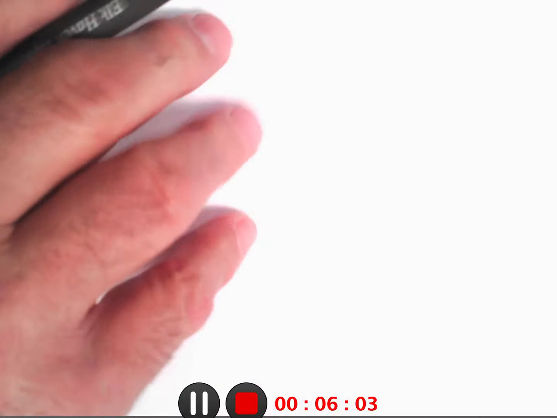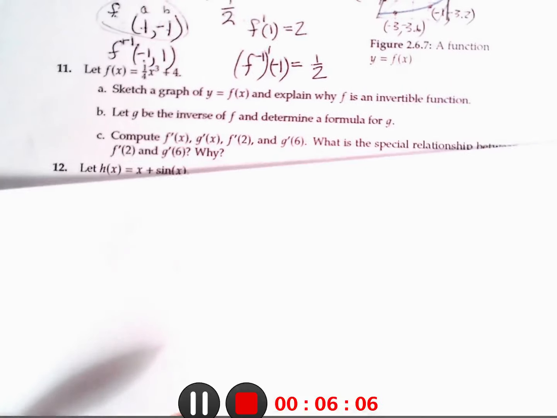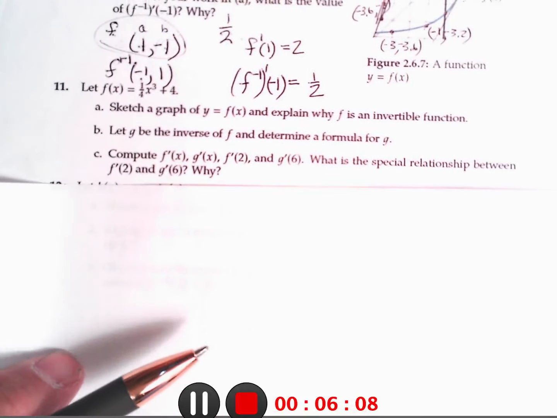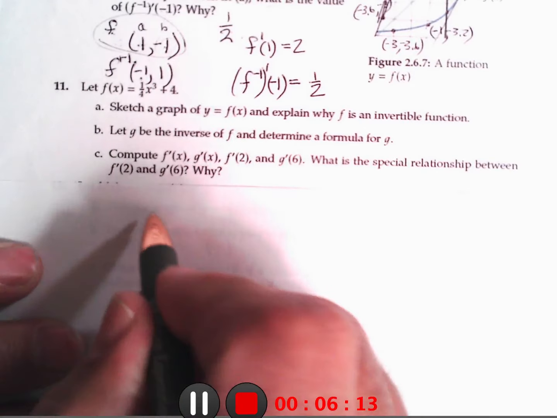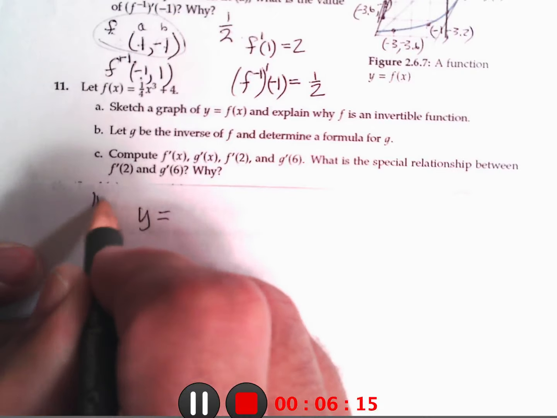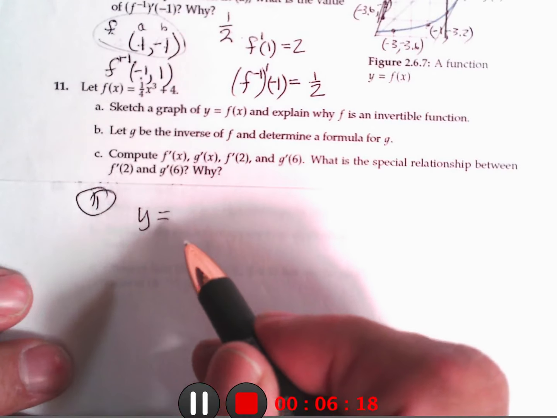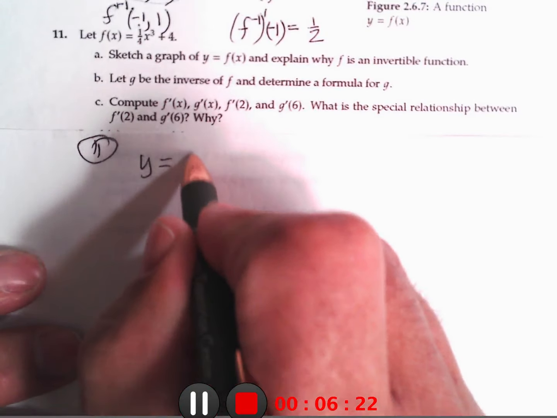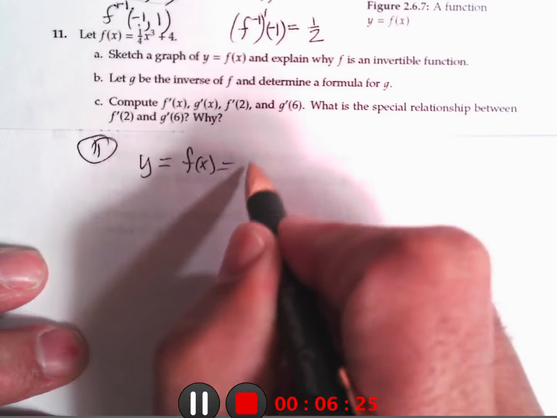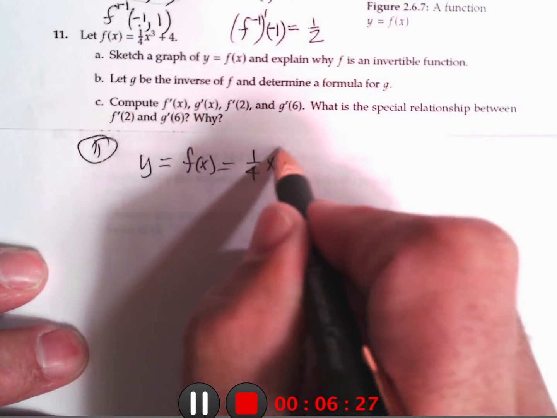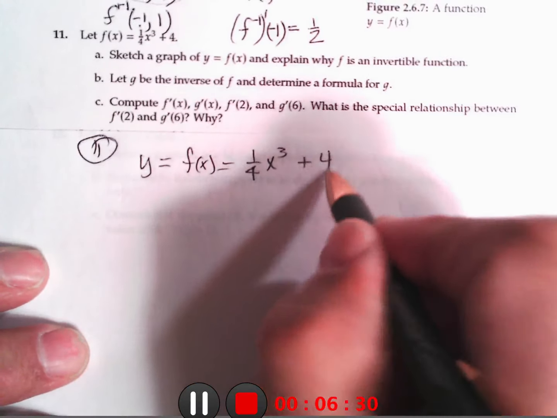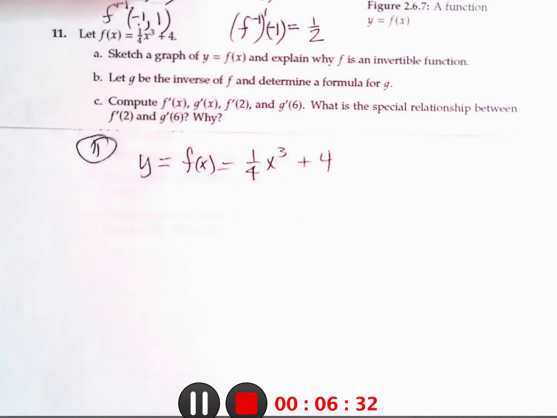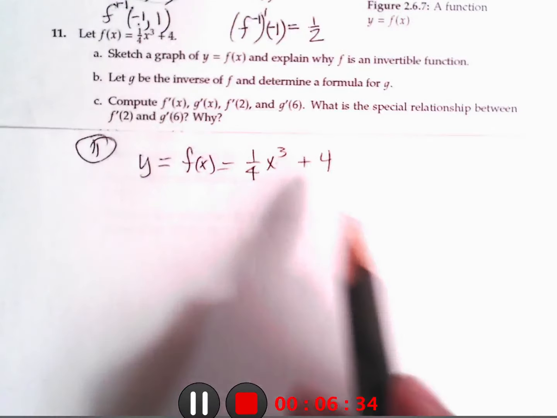Now let's do 11. It says to sketch a graph of f of x equals 1/4 x cubed plus 4. 1/4 x cubed is an x cubed graph squished and then moved up 4.